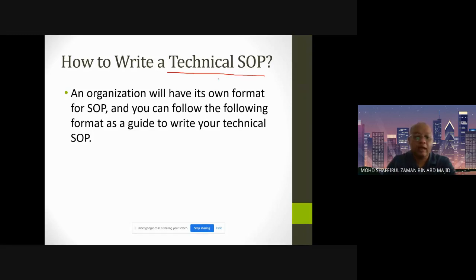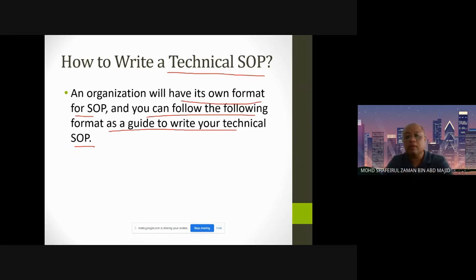An organization will have its own format for SOP, as I have mentioned to you, and you can follow the following format as a guide to write your technical SOP. What we are teaching you in this slide is actually the content.